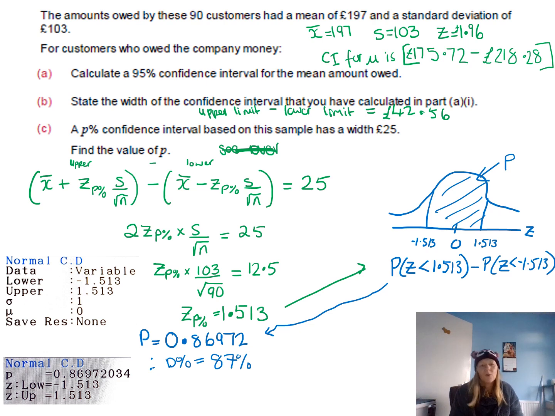Go to stats mode, press distribution F5, F1 normal, and then, because we're trying this thing, you need to press NCD, normal cumulative distribution, that's what it stands for.